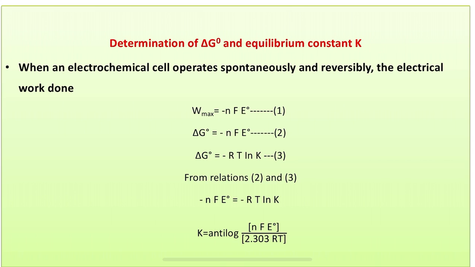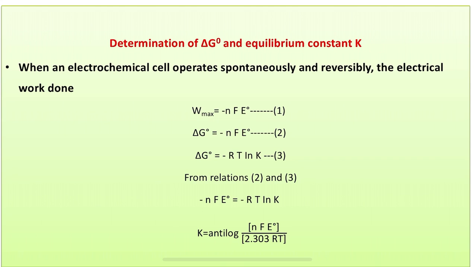Now rearranging this equation, if I take ln K to the left hand side, ln K will be equal to NF E naught divided by RT. Converting it into its logarithmic form, log K is equal to NF E naught divided by 2.303 RT. K is nothing but the equilibrium constant.